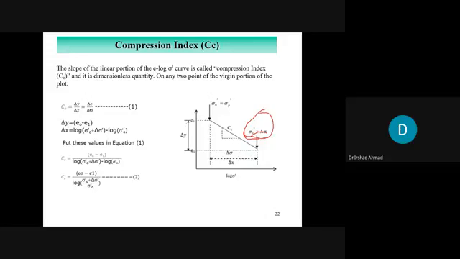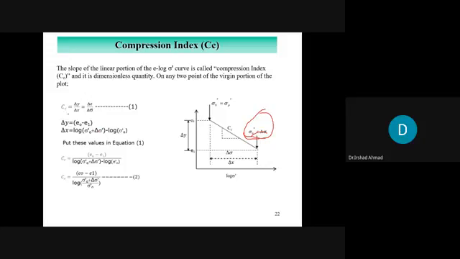So delta y is this, and you see it is e naught minus e1. And delta x is this stress minus this stress, but because it's a log scale, that would be equal to log of sigma naught prime plus delta sigma minus log of sigma naught prime.